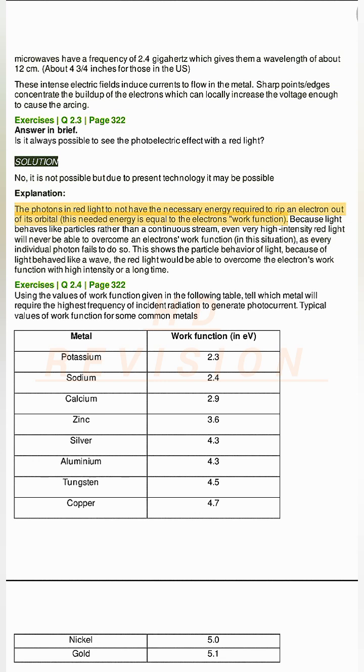This needed energy is equal to the electron's work function. Because light behaves like particles rather than a continuous stream, even very high-intensity red light will never be able to overcome an electron's work function, as every individual photon fails to do so. This shows the particle behavior of light.